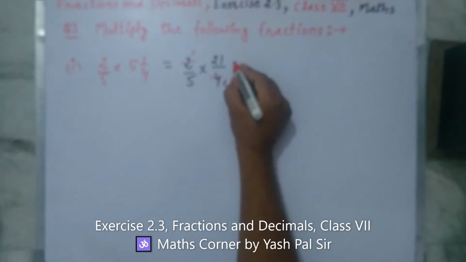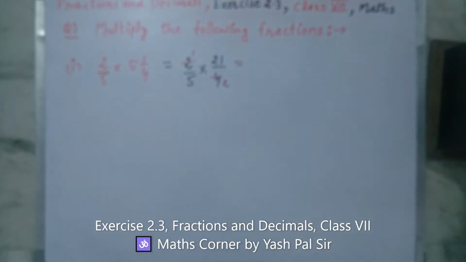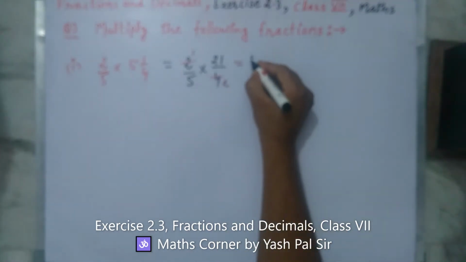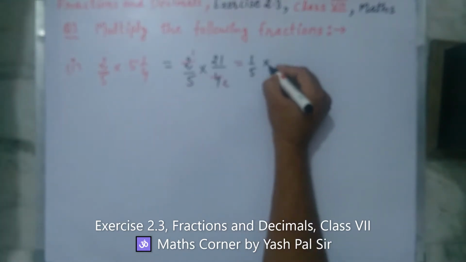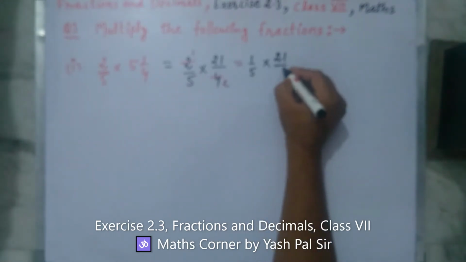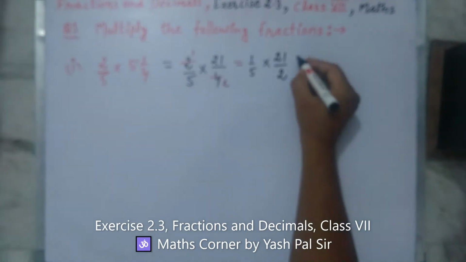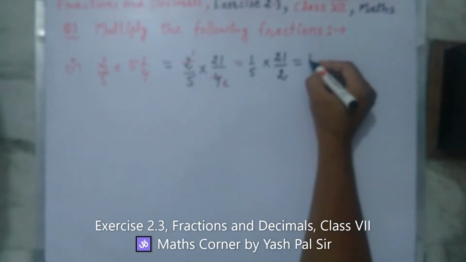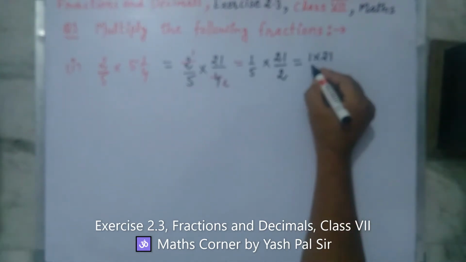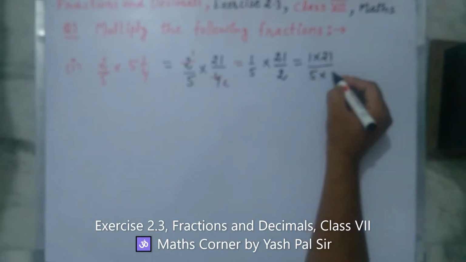So now this fraction becomes 1 by 5 into 21 upon 2. So finally we have 1 into 21 divided by 5 into 2.